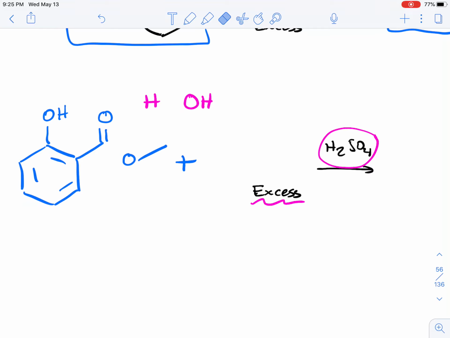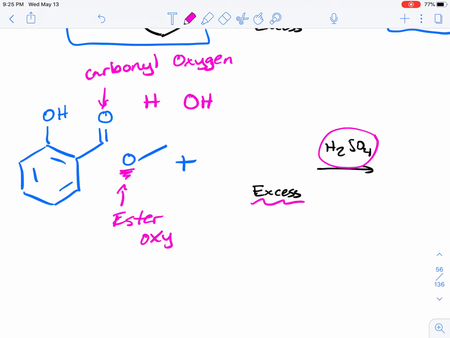And the bond between the carbonyl carbon and the ester oxygen. And so when I say ester oxygen, I'm talking about this oxygen. This oxygen right here is a carbonyl oxygen. That bond is going to break.